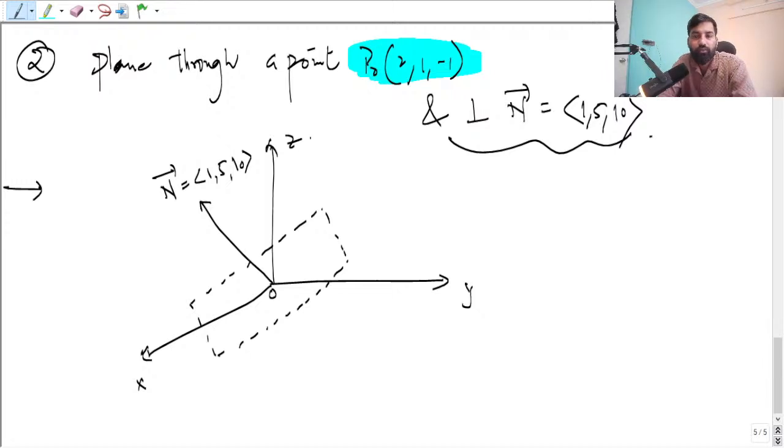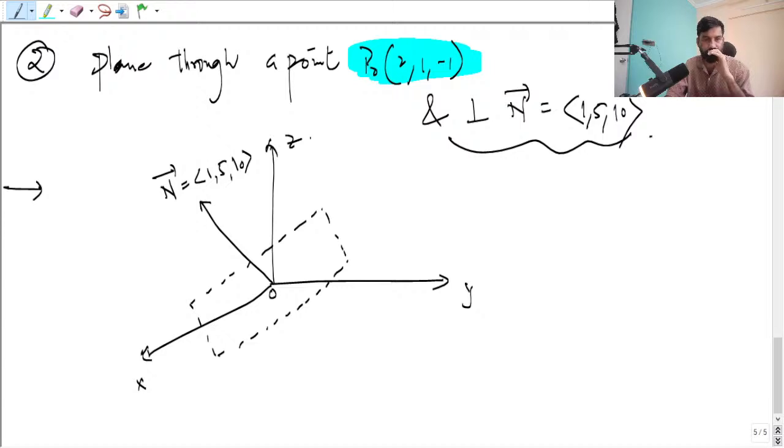The only difference is, we had a plane of this kind, which is passing through the origin and is perpendicular to the normal vector n. And we have a new plane that is not going to pass through the origin, but it is going to be perpendicular to the normal vector.